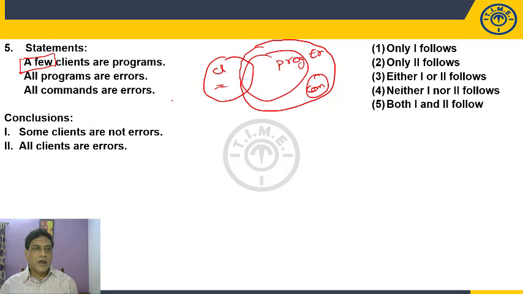Okay, let us look at the conclusions. Some clients are not errors is a negative conclusion. All clients are errors is a positive conclusion. But if you observe carefully, this is "some not" and "all" with the same terms, client and error. So this is an opposite pair.